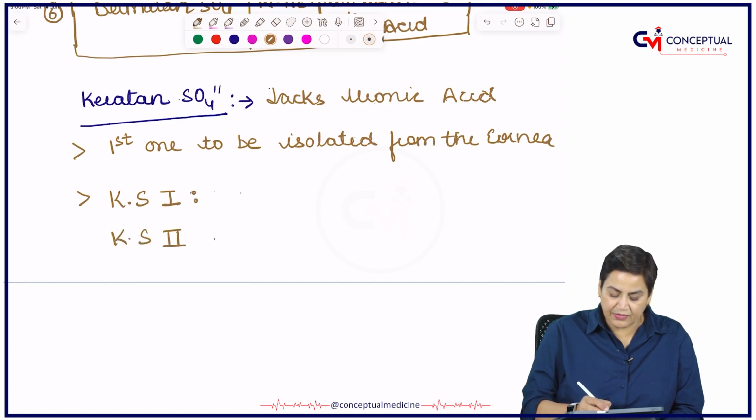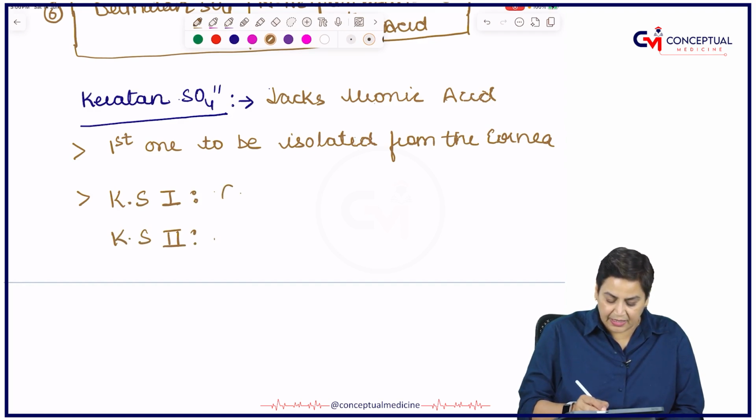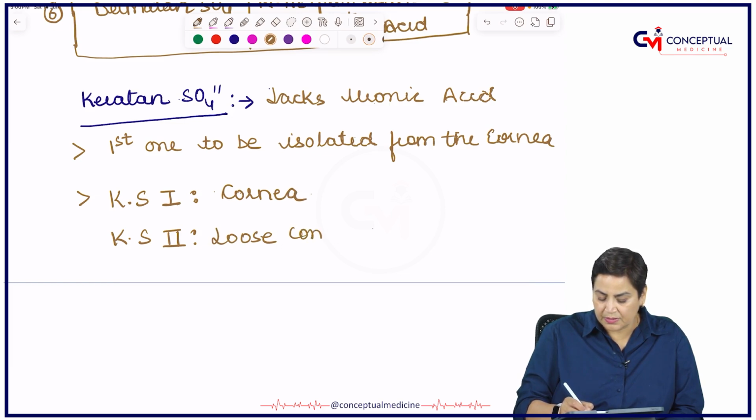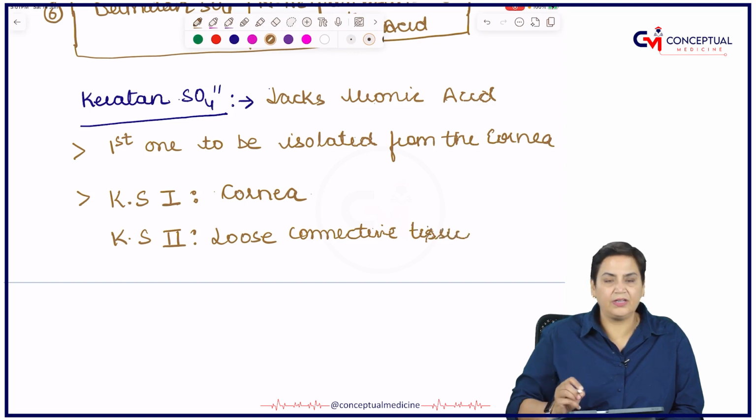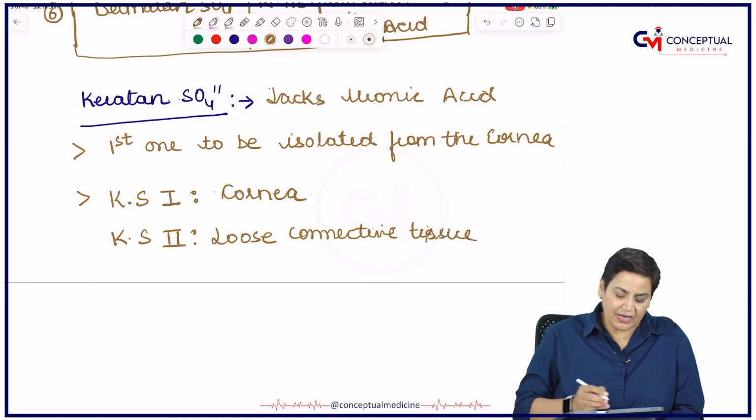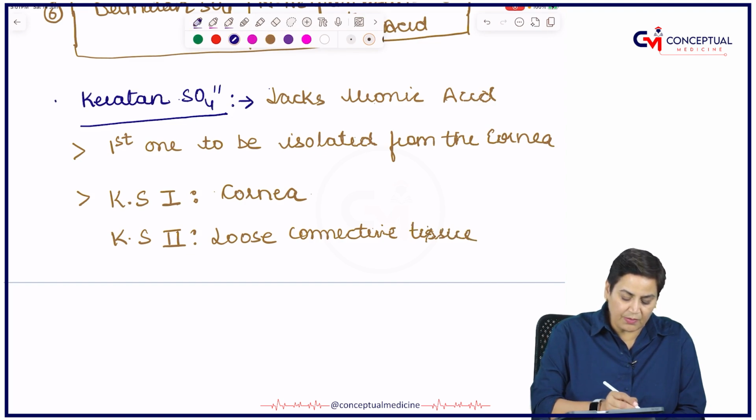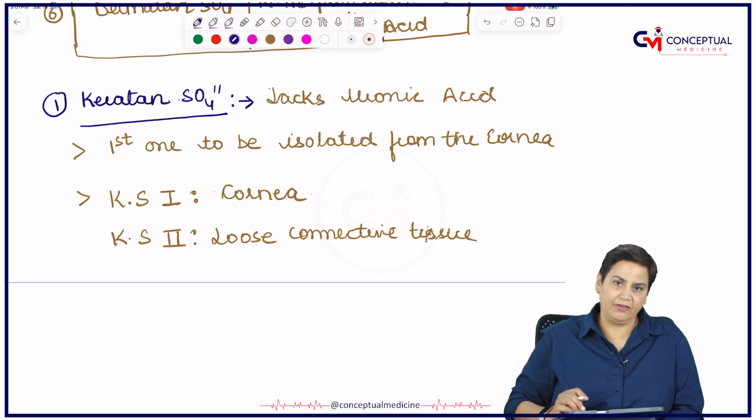The basic difference between 1 and 2 is that keratan sulfate 1 is present in the cornea and keratan sulfate 2 is present in loose connective tissue. So this is one very important point to remember about keratan sulfate.